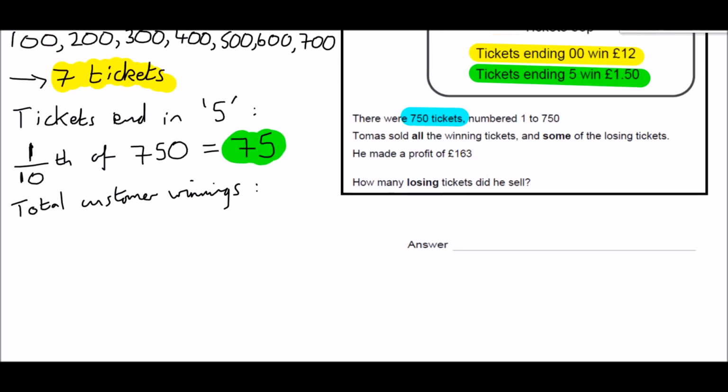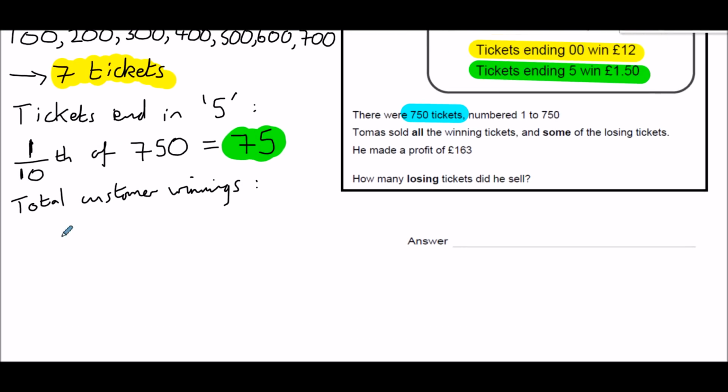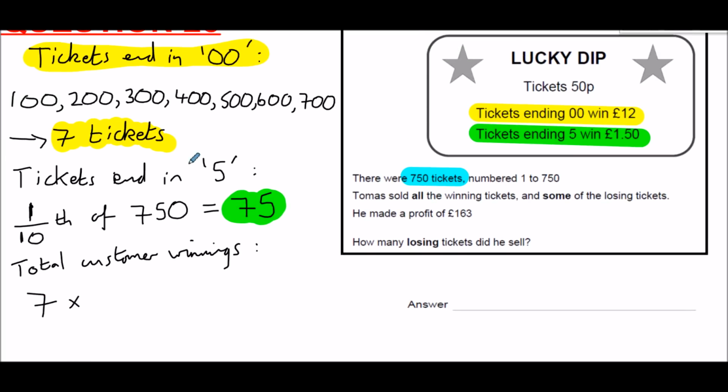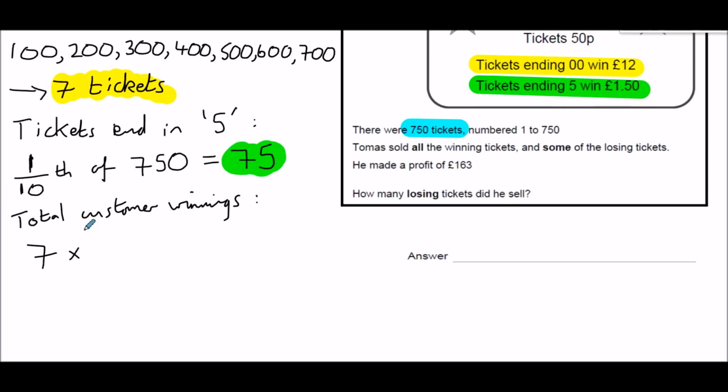And if the total customer winnings, 7 tickets which end in 00, and then they pay £12 each. So customers won 7 times 12, and because all winning tickets were sold, the tickets ending in 5, all of those must have been sold.